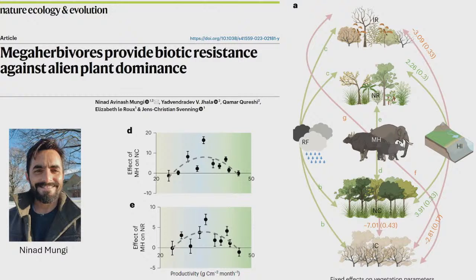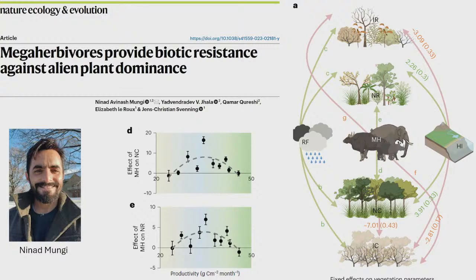And so this is the relationship between what Ninad had found between mega-herbivore relative abundance and then the plant variables. So you have rainfall on the right, and then mega-herbivores in the center, and that's an intactness index, because they also evaluated how many signs of human impact they could see at each of these sites.